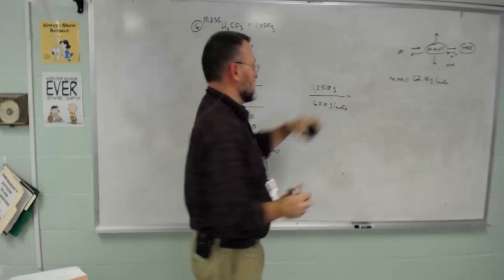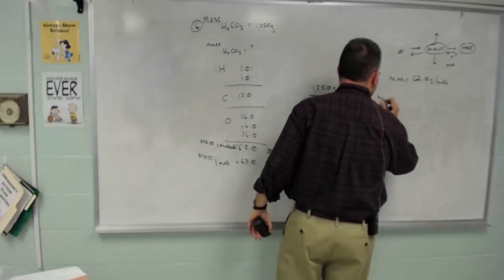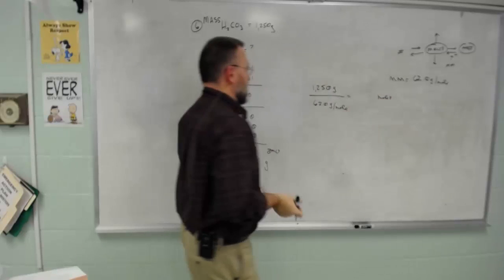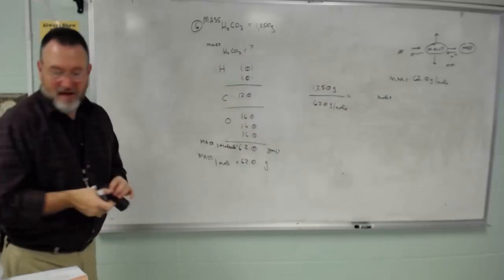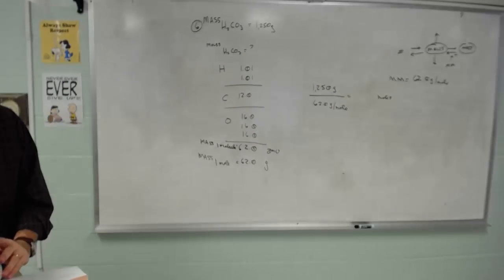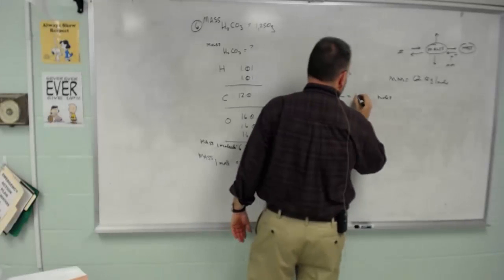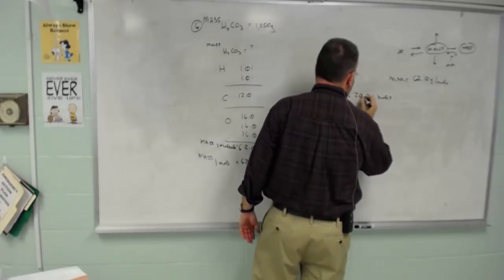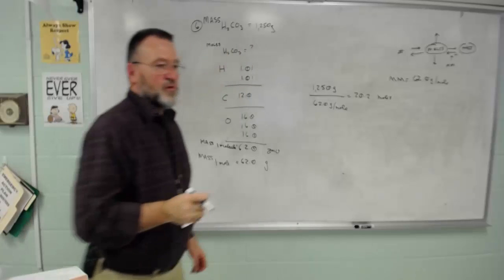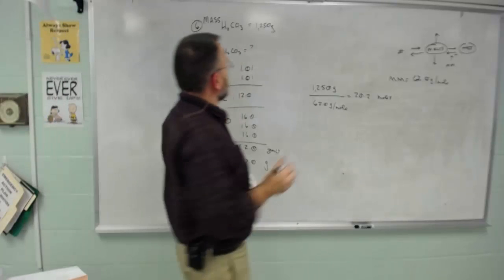Yes, my units are going to be moles, so my setup is correct. And then I do the math. 1,250 divided by 62. The key tells me that the answer is 20.2 moles of H2CO3.